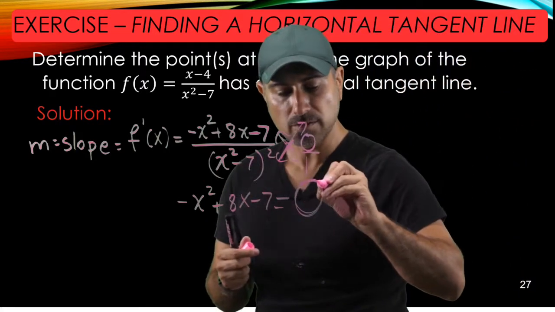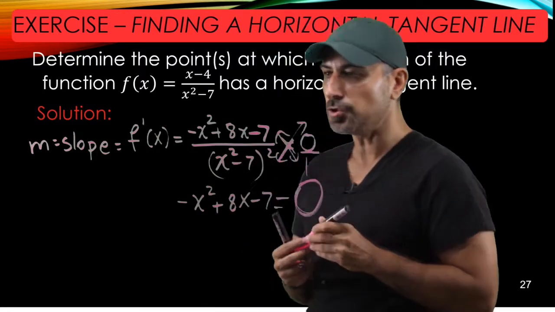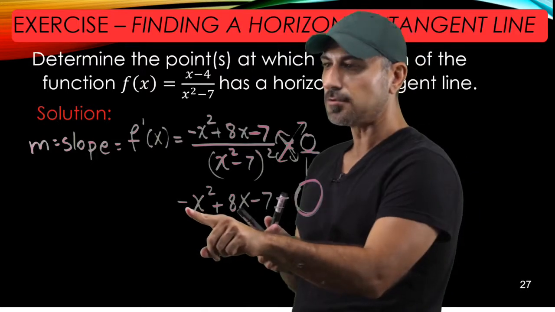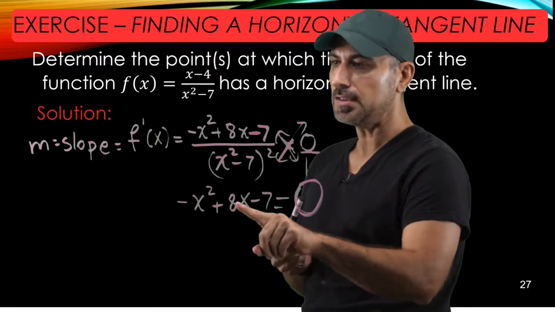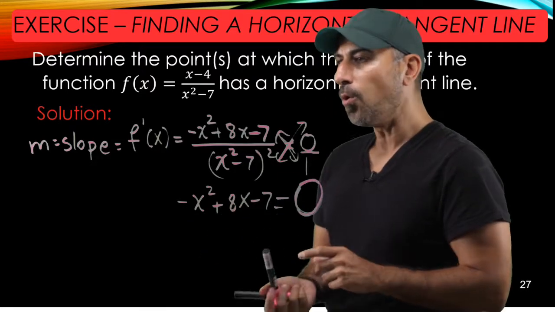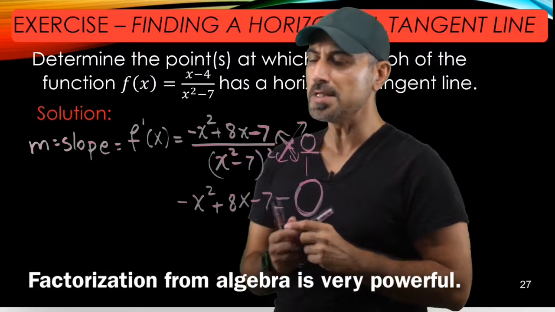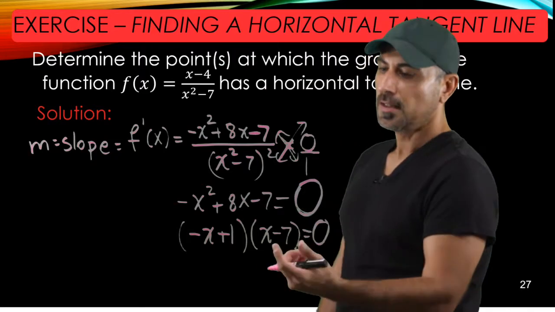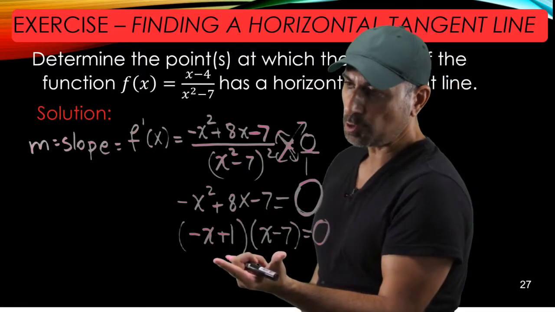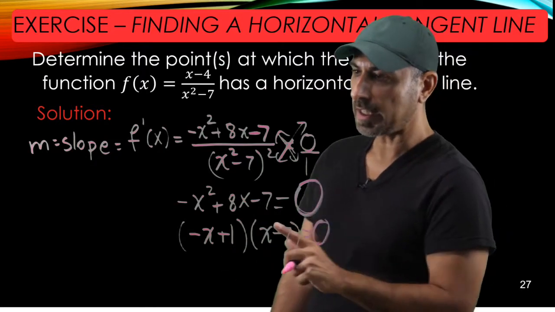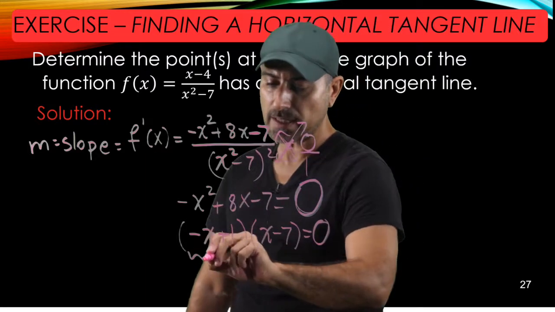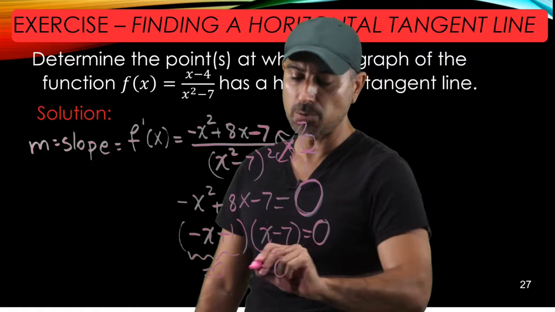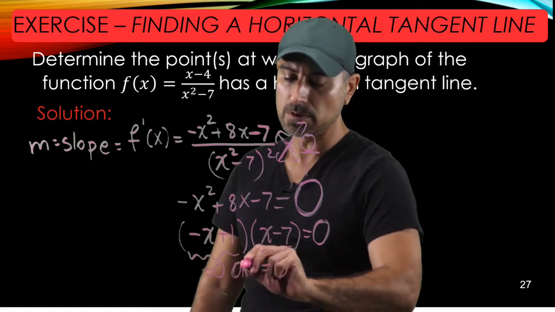There are two ways to solve this quadratic. One way is to use the quadratic formula for a equals -1, b equals 8, and c equals -7. Or we can factor this polynomial directly. Once we factor this quadratic into two pieces, the solutions are the x's that make this one equal to 0 or this one equal to 0.